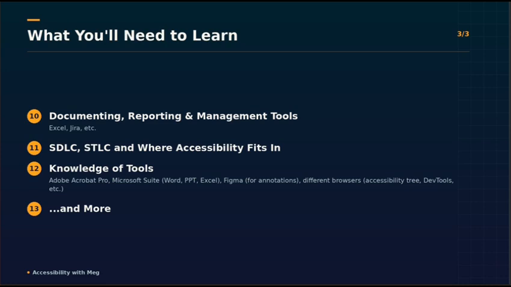You need to get comfortable documenting and reporting your findings, and you will need tools like Excel and Jira to track issues and communicate with teams. So it's important to understand these. Also, it's worth understanding the software development life cycle and the software testing life cycles too. So you know exactly where accessibility fits into the big picture.